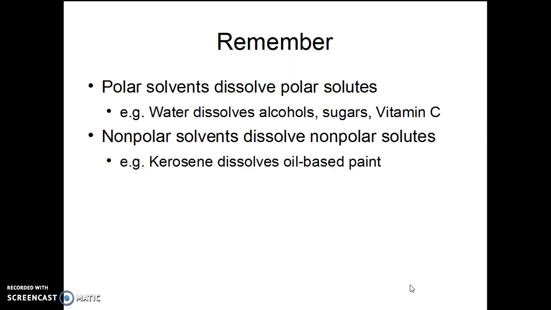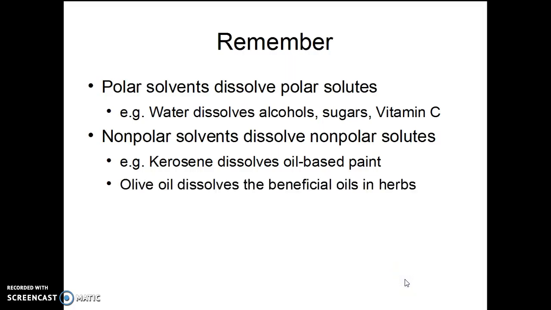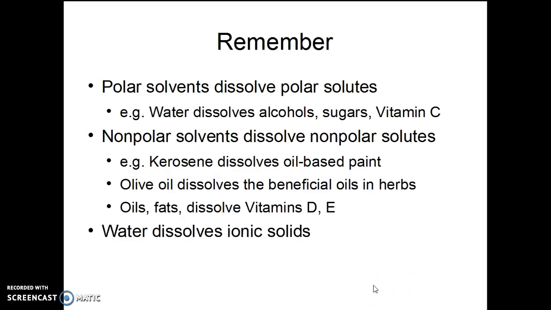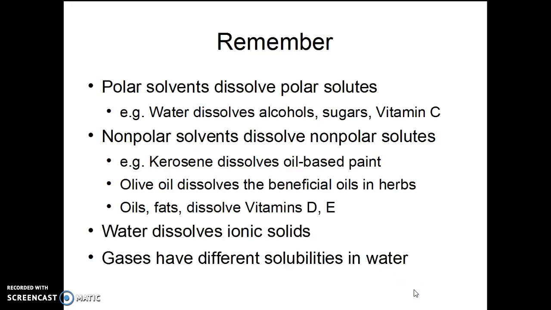Kerosene dissolves oil-based paint. That's how you get that off your hands if you get any on yourself. Olive oil will dissolve the beneficial oils in herbs and make them more available to your body, either when you eat them or when you rub them on your skin. And I just said oils and fats dissolve vitamins D and E. Water dissolves ionic solids, and gases have differential solubilities in water, lower at high temperatures, higher at low temperatures.